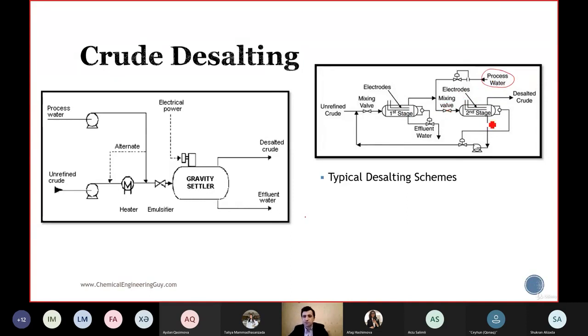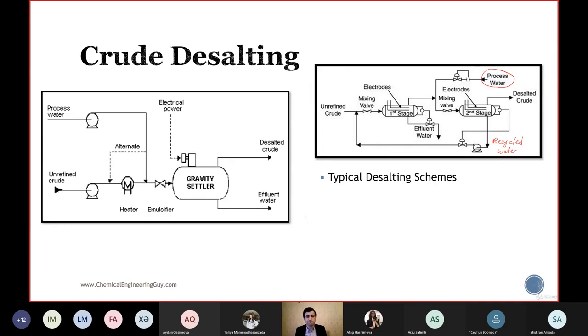We use the recycled water in the first stage. Do you know why, or any idea why we do that? We could also do vice versa: use the fresh process water in the first stage, and then use the recycled water from the first stage in the second stage. Why don't we do that, but do it this way?